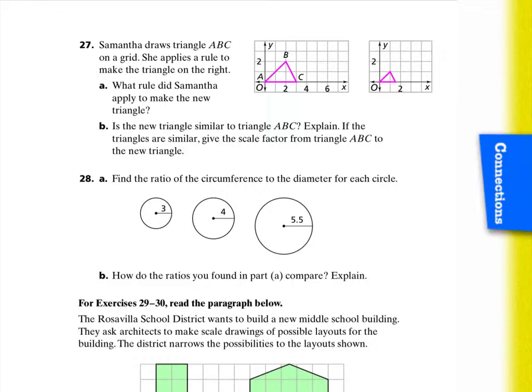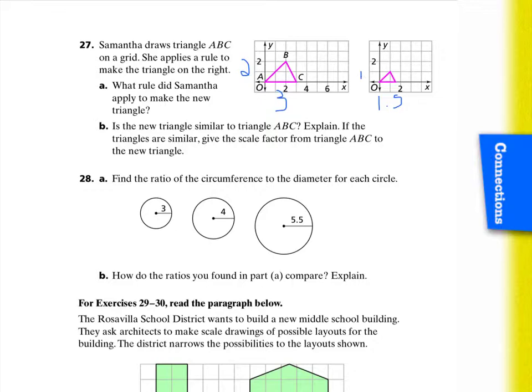The units for the original triangle are 3 for the base, and 2 for the height. Over here, the base is 1.5, and the height is 1.